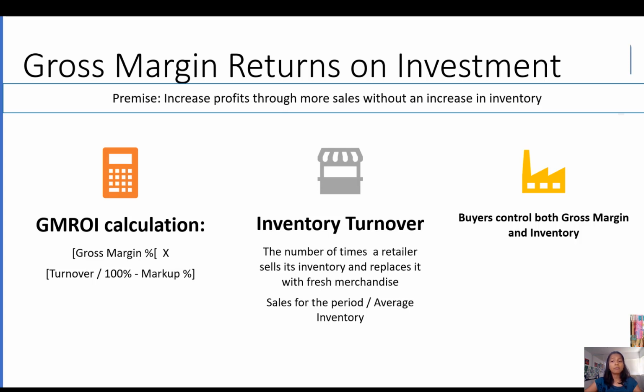GMROI is calculated by multiplying gross margin percent and turnover and then dividing that by 100% minus markup percent. Inventory turnover refers to the number of times on average within a period that the retailer sells its inventory and replaces it with fresh merchandise. It is calculated by dividing net sales for the period by average inventory. Buyers control both gross margin and inventory.